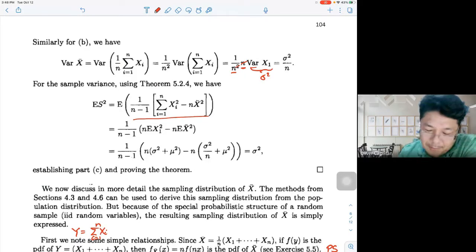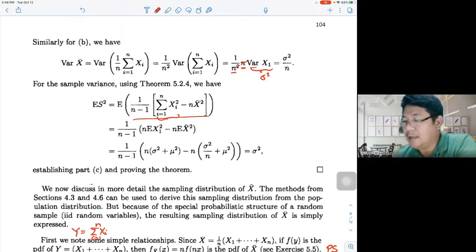For this first term, we apply our Lemma 5.2.5, the equation 5.2.1. We have the expectation of a finite sum of a function of X sub i. Okay, so ito yung result, n times the expectation of X sub 1 squared.